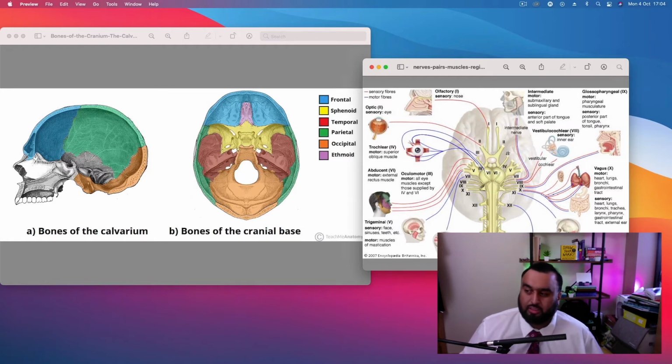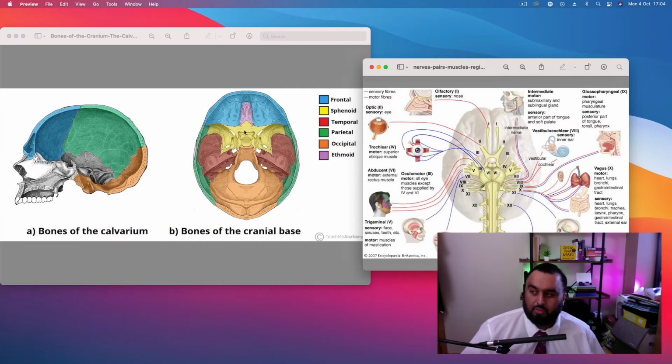Either it's a sensory function, as in it brings information into the brain, or it has an efferent or motor part, which is an instruction leaving the brain to a particular muscle or organ or particular body part, eliciting a specific effect.